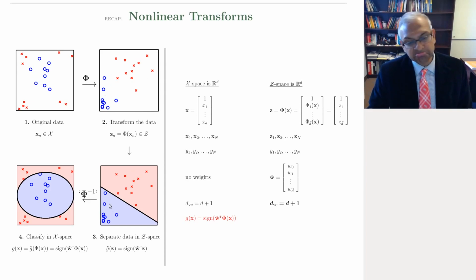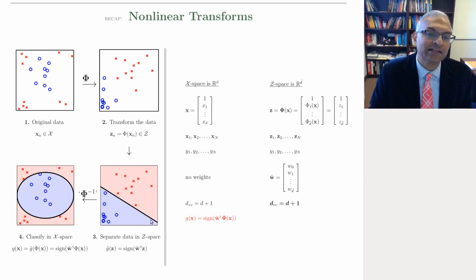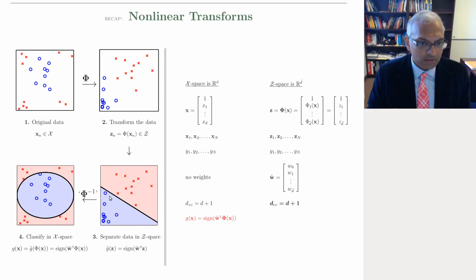So you can go ahead and run your PLA or pocket algorithm or regression for classification, whatever your favorite linear model algorithm is, and find a linear classifier. Now, the thing is that this linear classifier only lives in your feature transform space. And so when you get a new test point in your original space, you transform the point using the same phi.